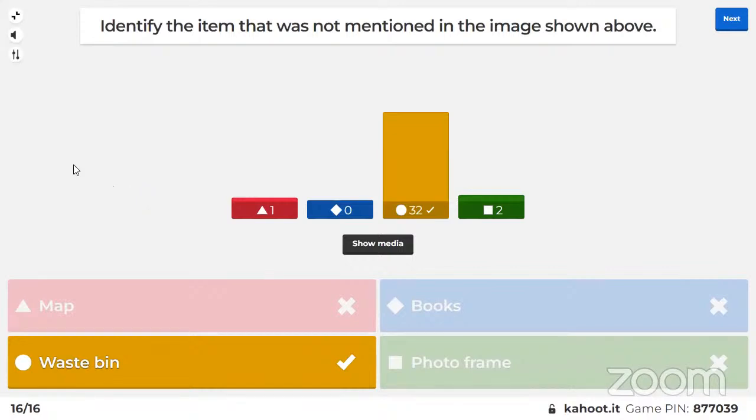Waste spin. Waste spin was not mentioned in the image one below. I think many of you have answered both the questions correctly. Good observation skills, I should appreciate.